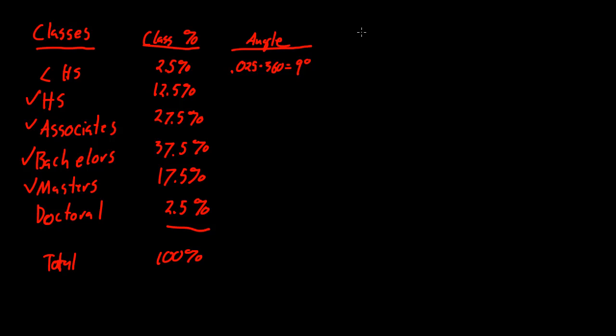If we do the same thing for all of our different ones, we have 45 degrees for high school, 99 degrees for associates, 135 for bachelor's, 63 for masters, and again that same 9 for our doctoral.